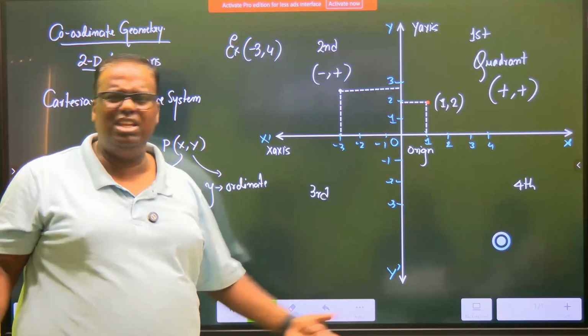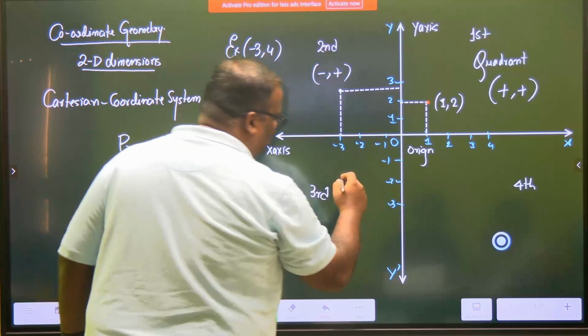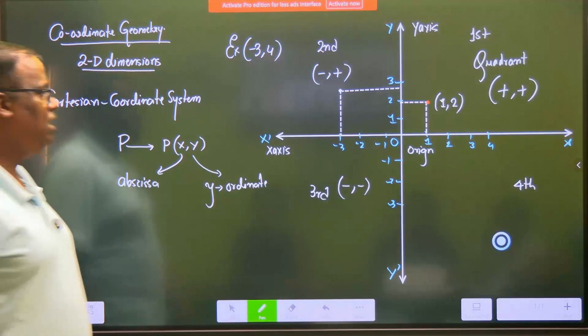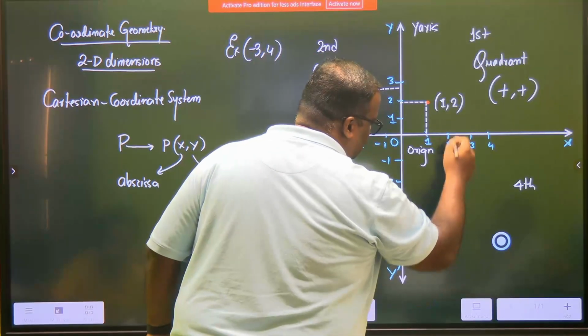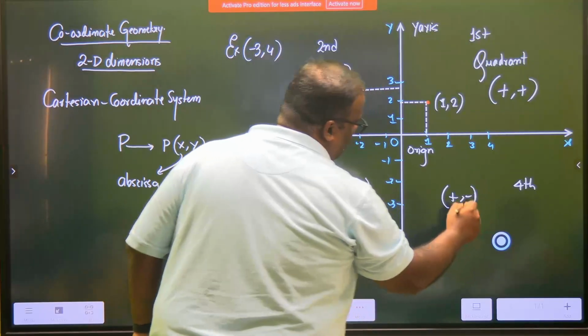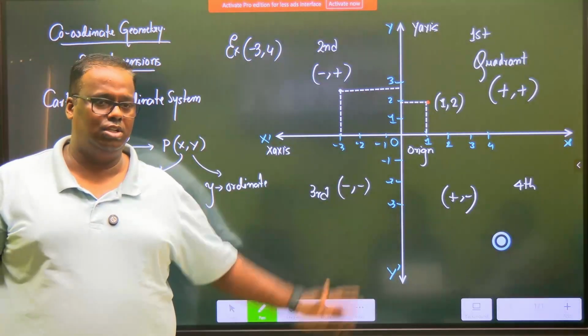Very easy chapter, not very easy. Here both will point towards negative. And here one will point towards positive and y will be pointing on negative. Has anyone not understood this?